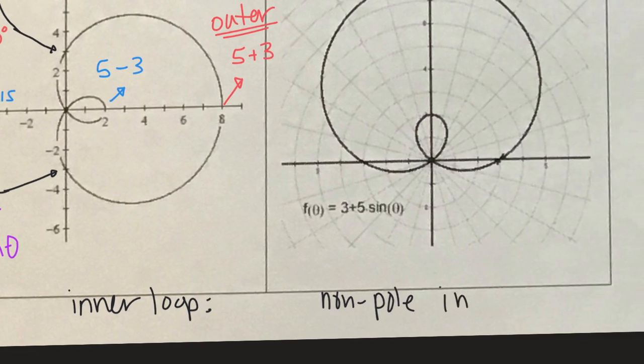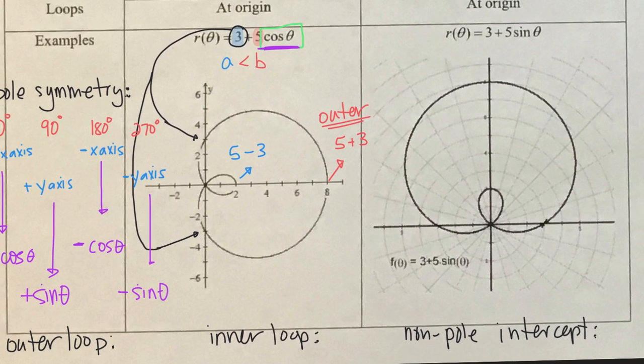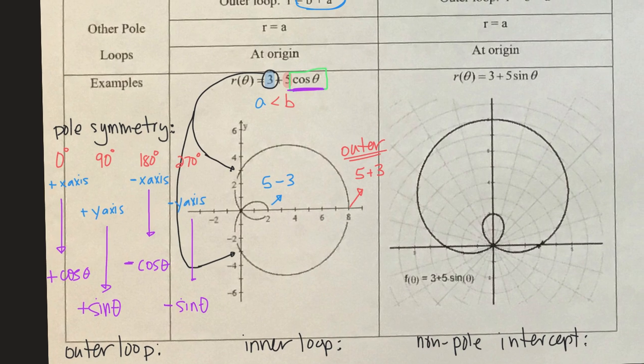Where does it cross your non-pole axis? Okay, so I need you to know these 4 attributes of each of our graphs. What is the pole symmetry? What is the length or distance of your outer loop? What is the length of your inner loop, right? How far away is that? And then what about your non-pole intercept?